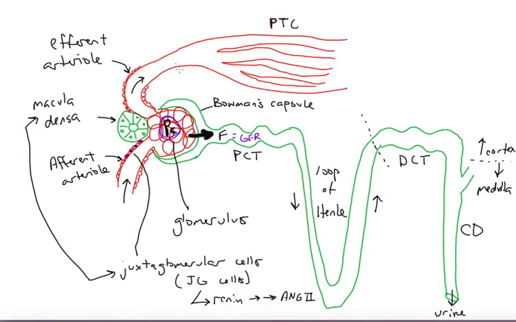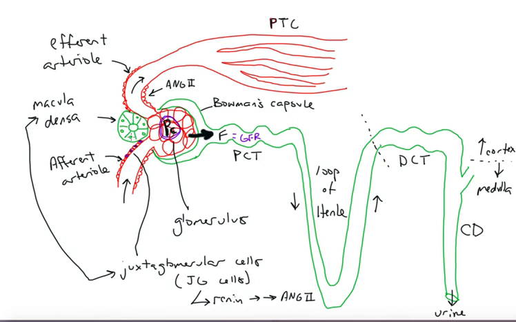And guess where angiotensin 2 is going to act? Again, foreshadowing another video, it's going to act to constrict the efferent arteriole. And remember, what are we doing if we constrict the efferent arteriole? We're increasing the PC, the hydrostatic pressure, upstream.